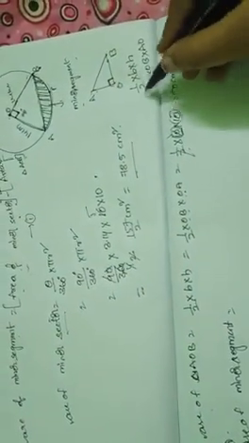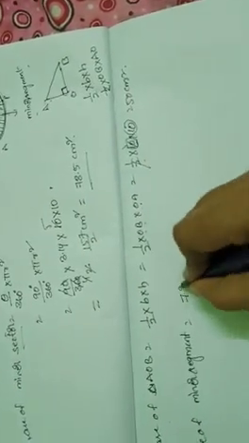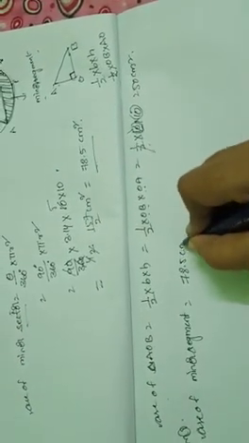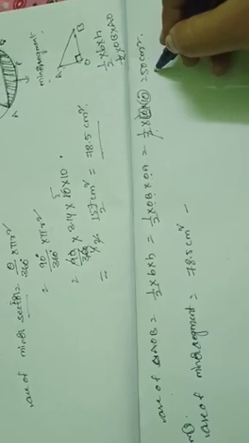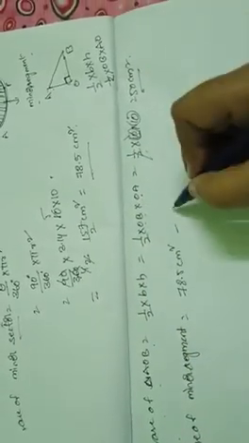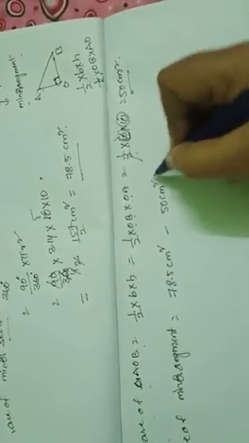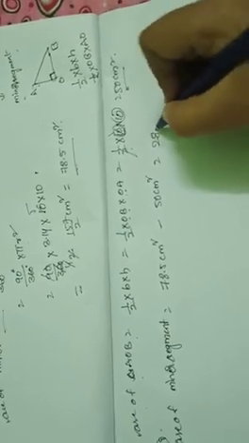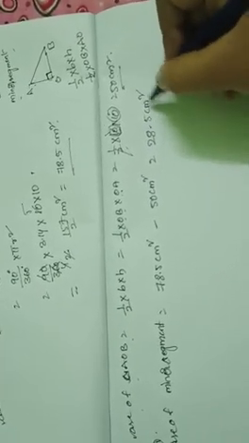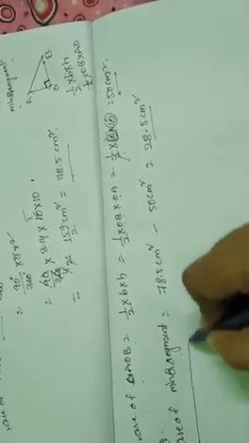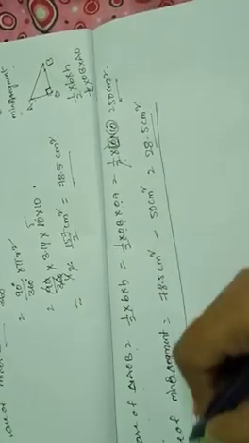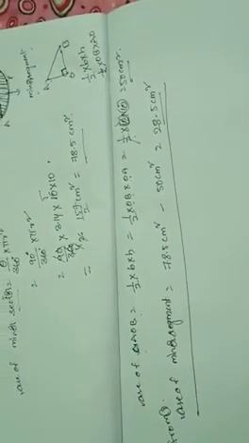We get 78.5 centimeter square minus what is the area of triangle AOB? 50 centimeter square, which is equal to 28.5 centimeter square. This is the area of minor segment. Is it clear?